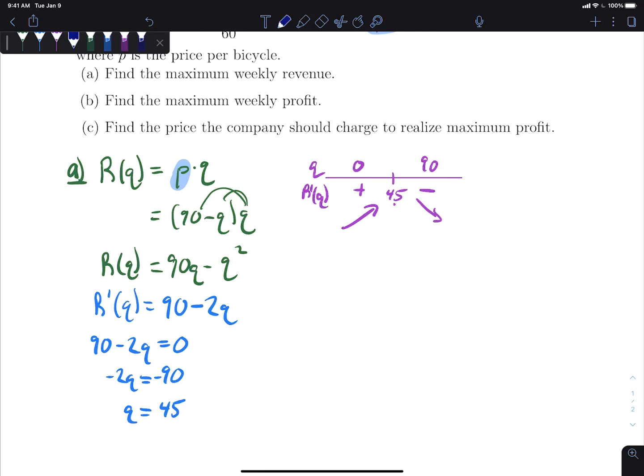To find that actual maximum revenue, we just find what R of 45 is. You can just type that into the calculator if you want. If you type it in, you get 90 times 45 minus 45 squared, and what you get from that is 2025.